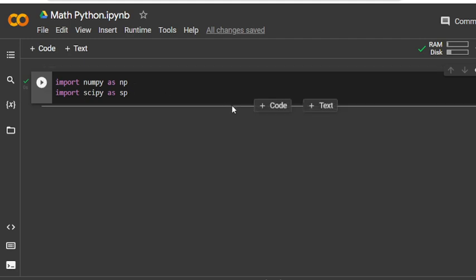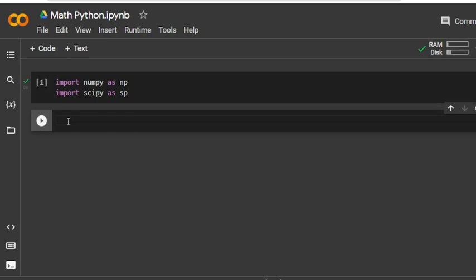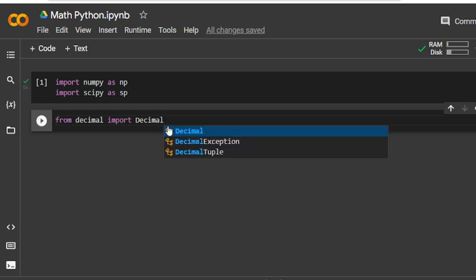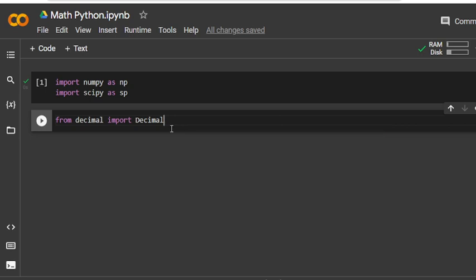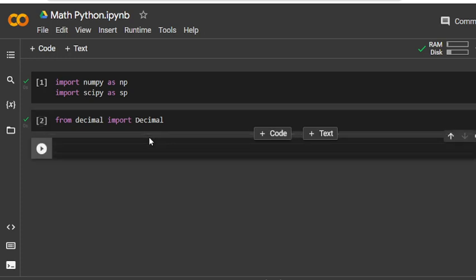So from decimal import Decimal, and the decimal exceptions. So these are there. In future this is also called a float, so don't worry.